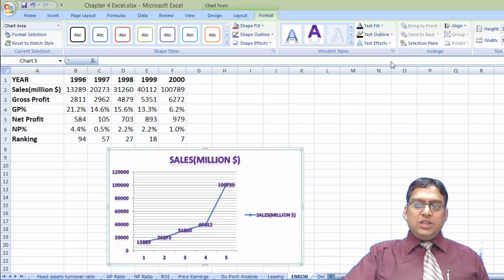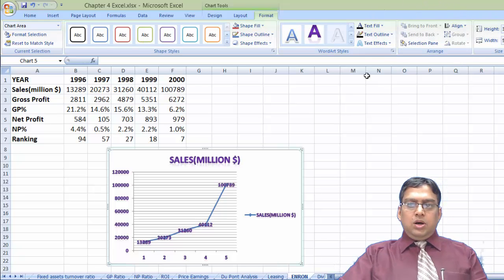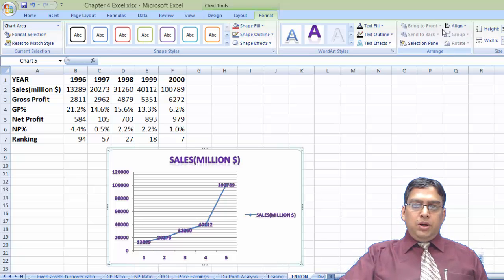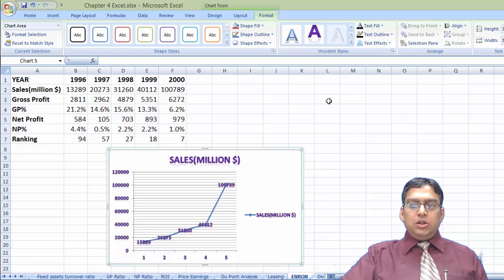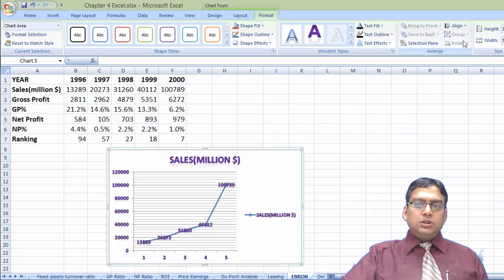And next one is Arrange. Arrange: bring to front, send to back, means if there is more than one chart, you can bring a particular chart to the front and a particular chart to the back, then you can select this option. And if you want to group this chart, you can select this option. If you want to rotate any words, you can use this option.